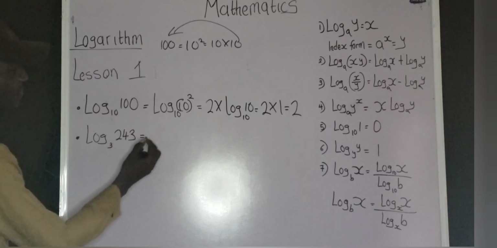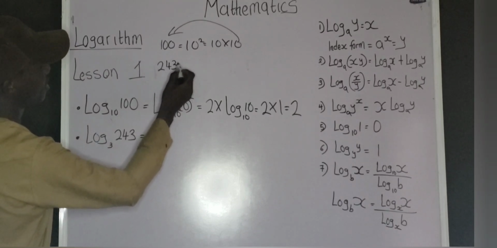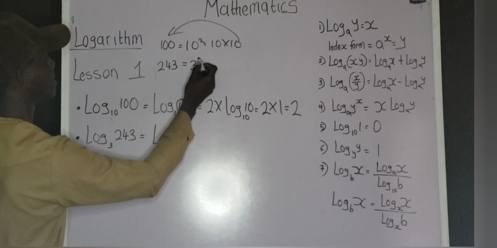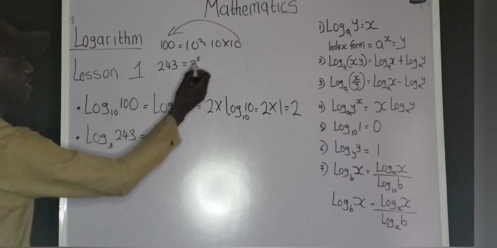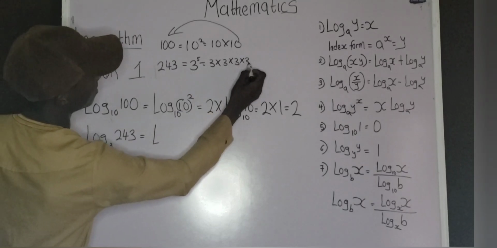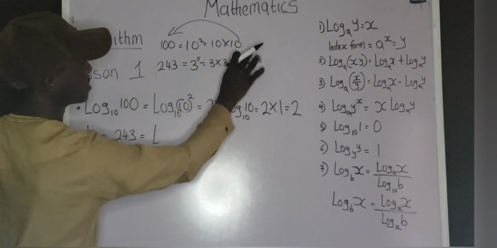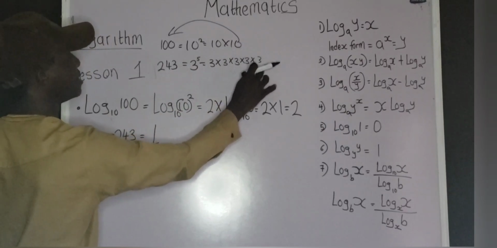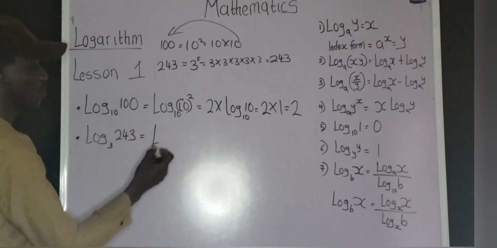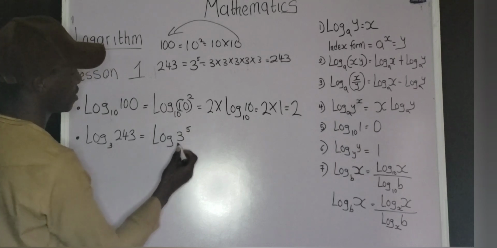Now, to simplify this, don't forget that 243 is equal to what? 3 raised to the power of 5, because that is 3 times 3 times 3 times 3 times 3. 3 times 3 is 9, 9 times 3 is 27, 27 times 3 is 81, and 81 times 3 is 243. You understand? So I'm going to have log 3 raised to the power of 5 base 3.